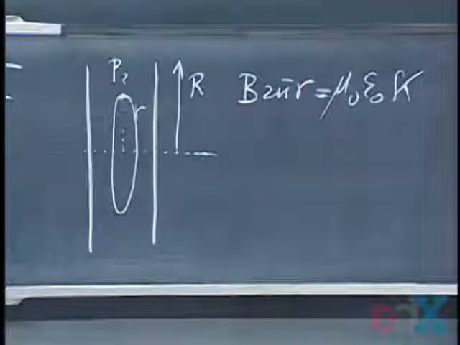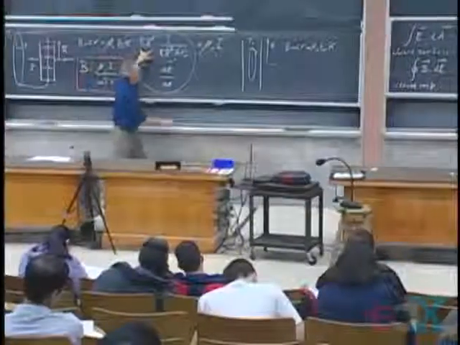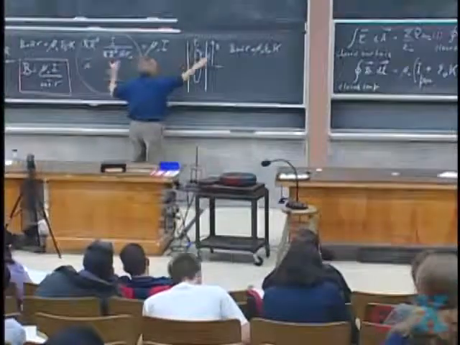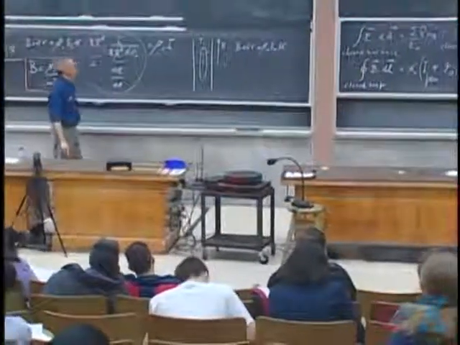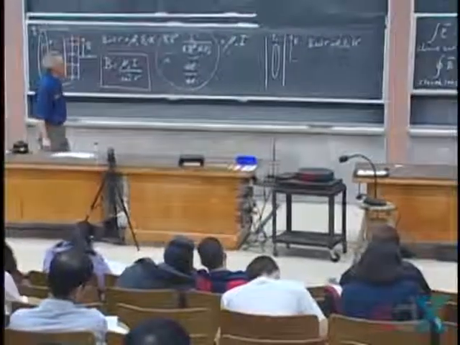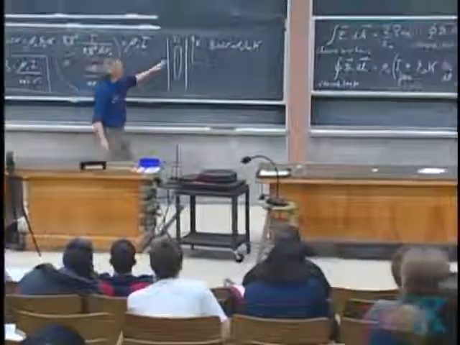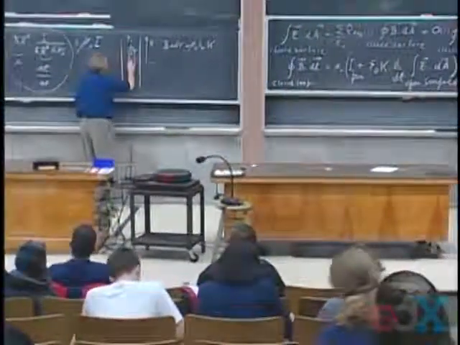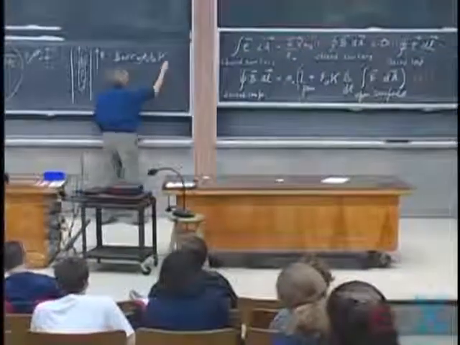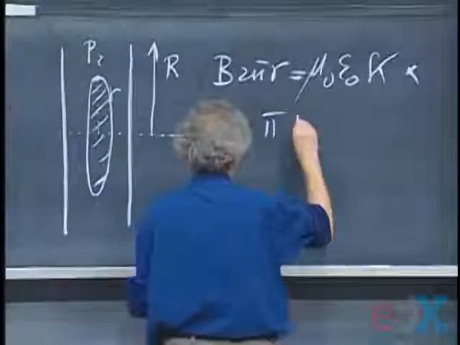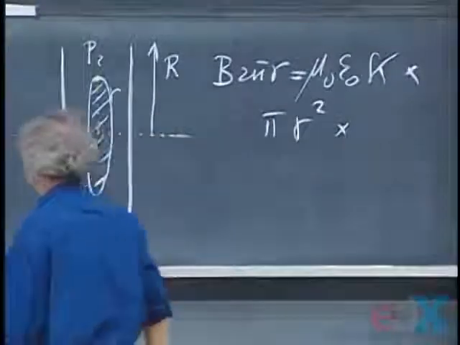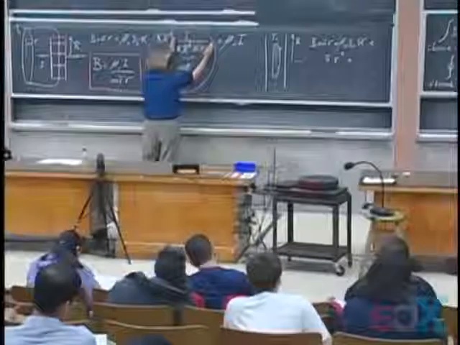But now the surface area right here is not pi capital R squared, where there is a changing electric field, but it is only pi little r squared. I take a flat surface now. And so now we multiply this by pi little r squared, and then of course dE dt is the same.